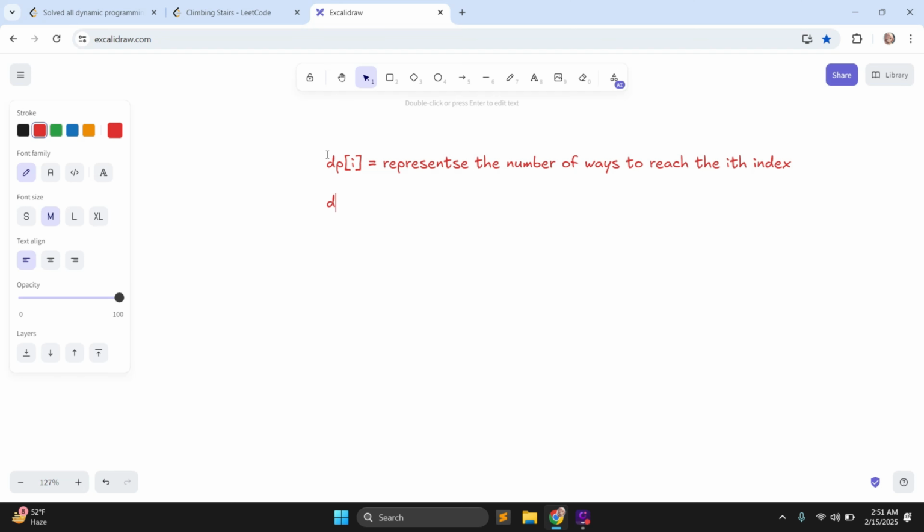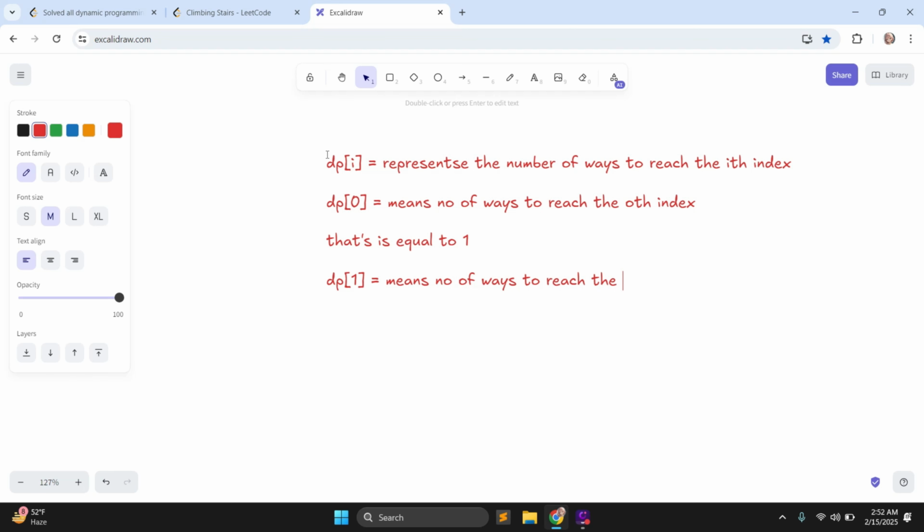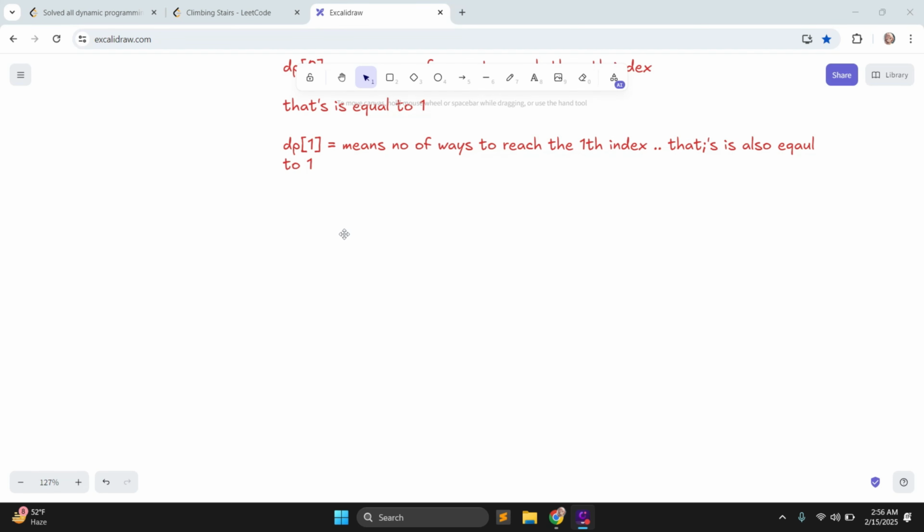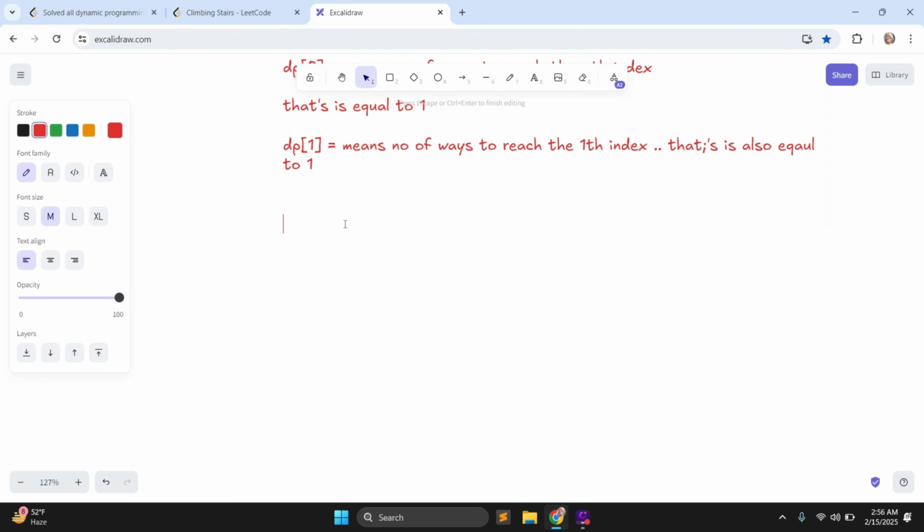Now dp of 0 means the number of ways to reach the zeroth index, that is equal to 1, and dp of 1 means the number of ways to reach the 1 index, that is also equal to 1. Okay, so now comes the main part.